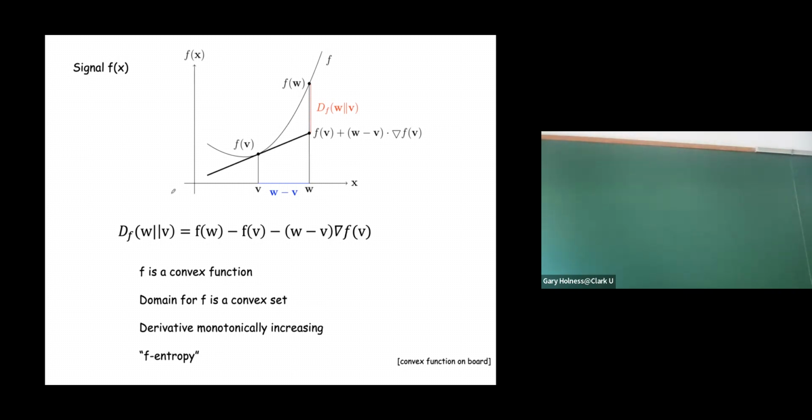Because f of a is here, f of b is there, and alpha, if it goes from 1 to 0, is along that line, along the chord. Does that make sense? So a convex function is one that preserves that relationship. It says that the function is less than or equal to any point on the chord within that interval. Okay, does that make sense?